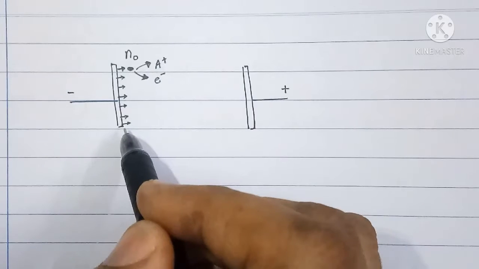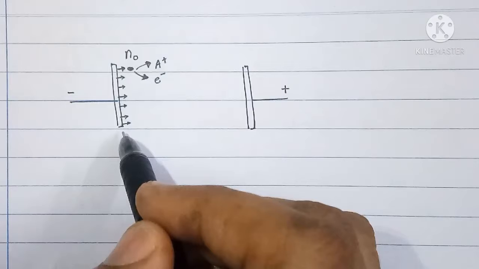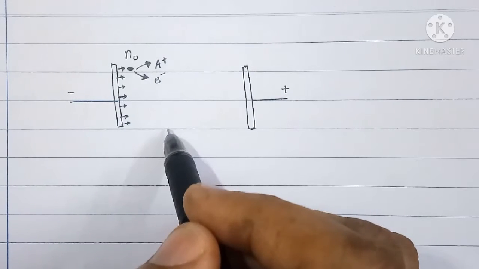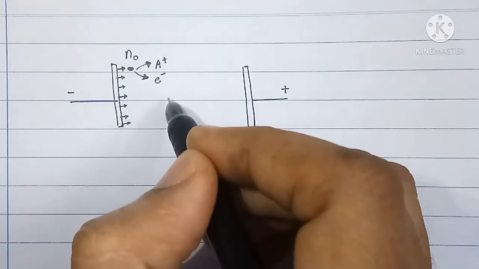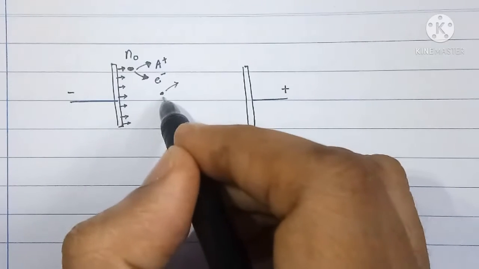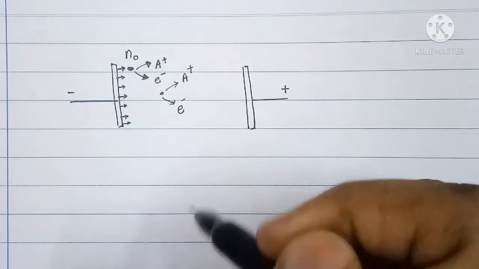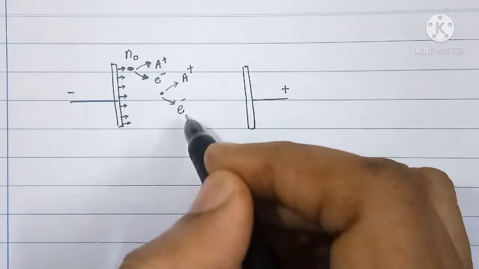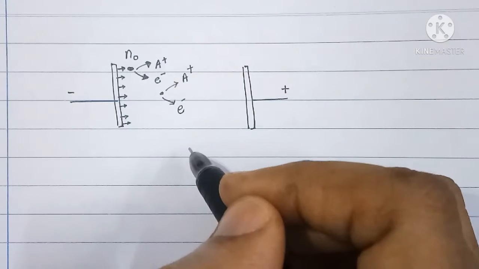Please remember, this is at cathode, that is at x equal to 0. And as they started moving towards the anode, the n naught number of electrons collided with more and more number of gas atoms or molecules and released more and more number of ions, that is positive ions and electrons, according to Townsend's theory.